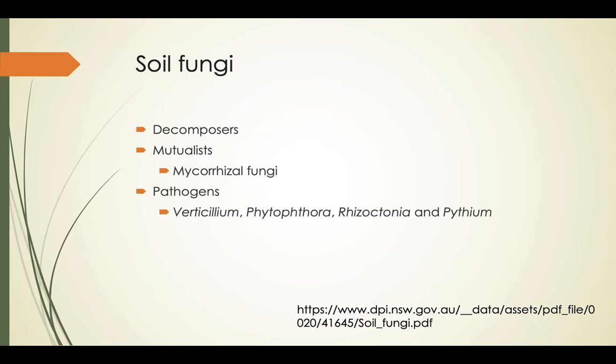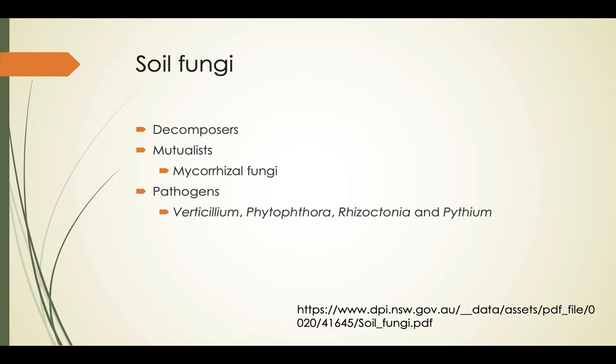For molds, we expect the macroscopic mycelium to be the nutrient absorbing structure. While for yeast like Candida or Saccharomyces, they may have very different structures. Now, for the categories of soil fungi we expect to isolate, one category is the decomposers or saprophytic soil fungi.